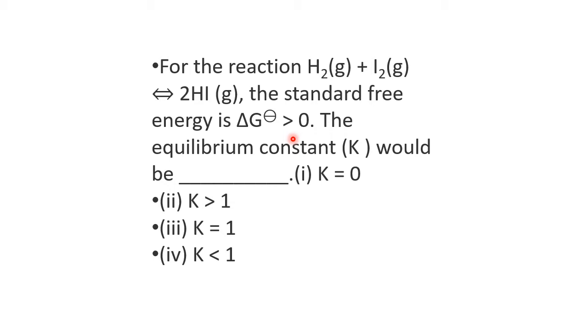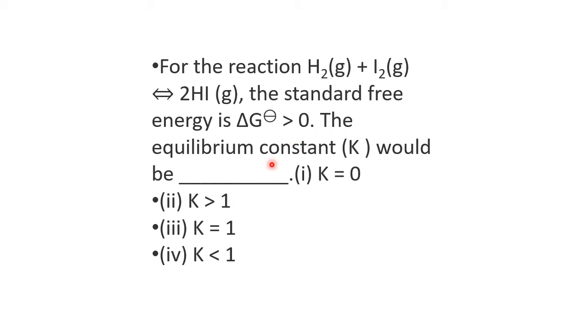What do we mean by K being less than 1? The ratio of products to reactants is less than 1, which means products are very much less than the reactants. That means products are not ready to form.